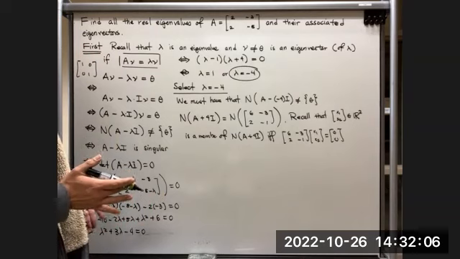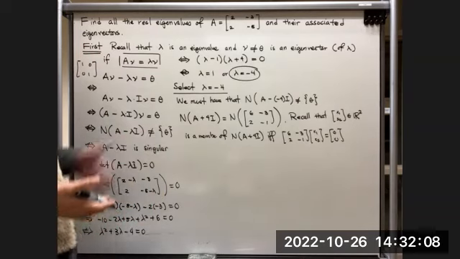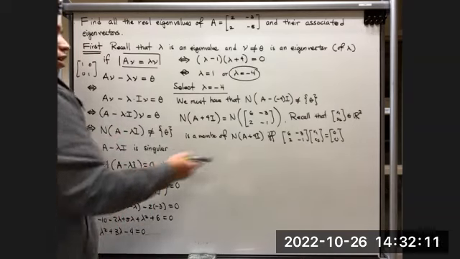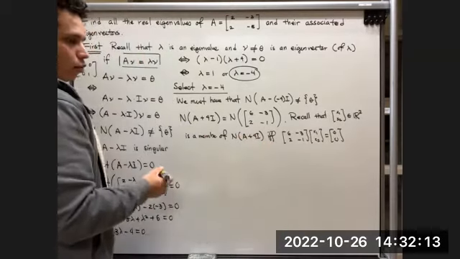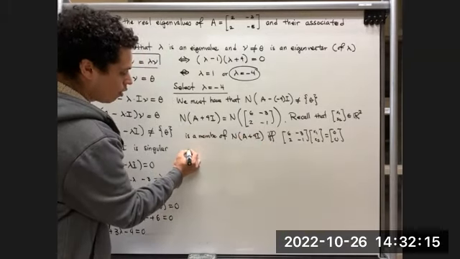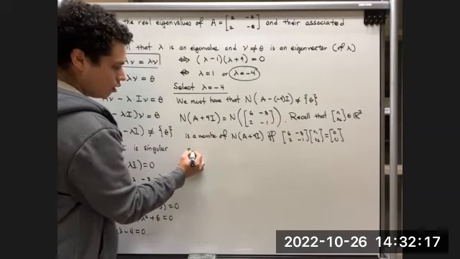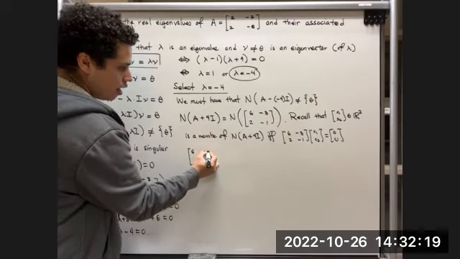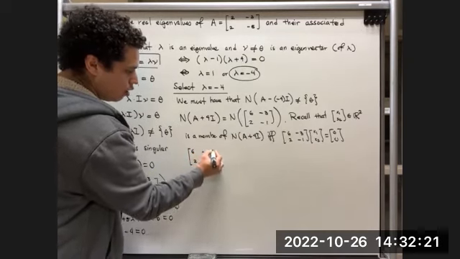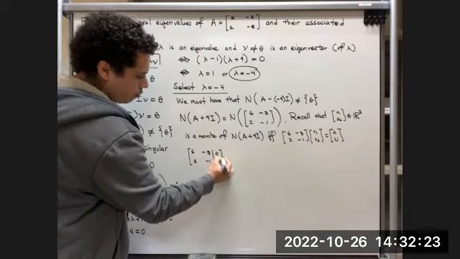But then, this is nothing else but a homogeneous system of equations, which might be represented with the following augmented matrix: 6, -3, 2, -1, 0, 0.